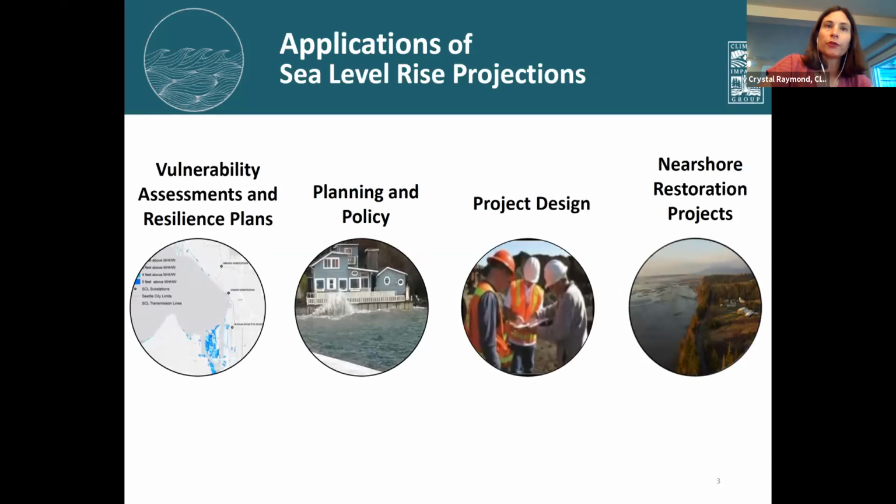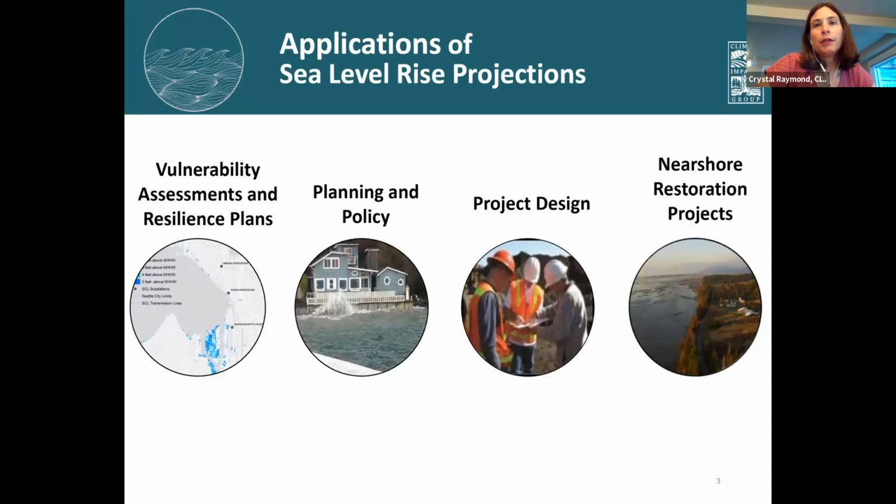So some people are interested in using them for vulnerability assessments and resilience plans or risk assessments. Other people may use them in planning, such as comprehensive plans or plans for the Shoreline Master Program. They can be used in very specific project design, such as design of infrastructure, or in nearshore restoration projects as well.